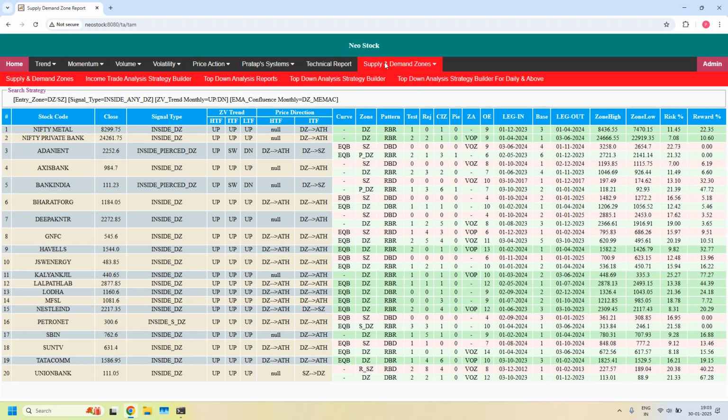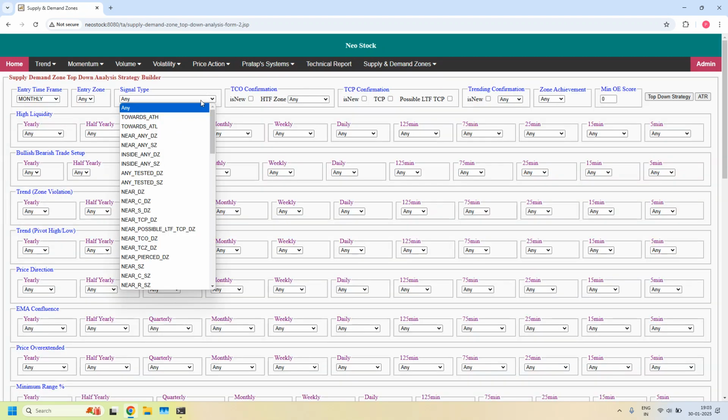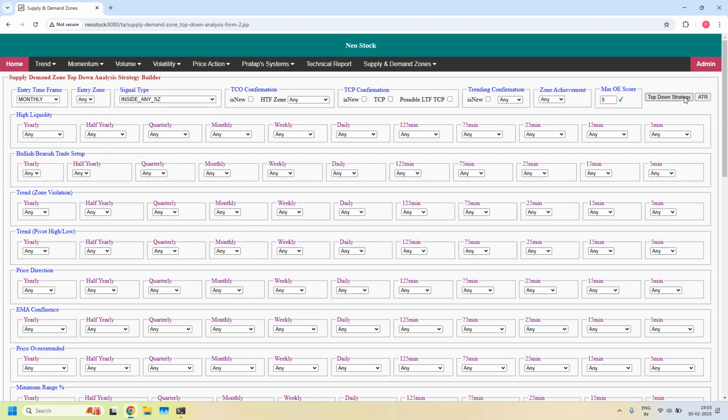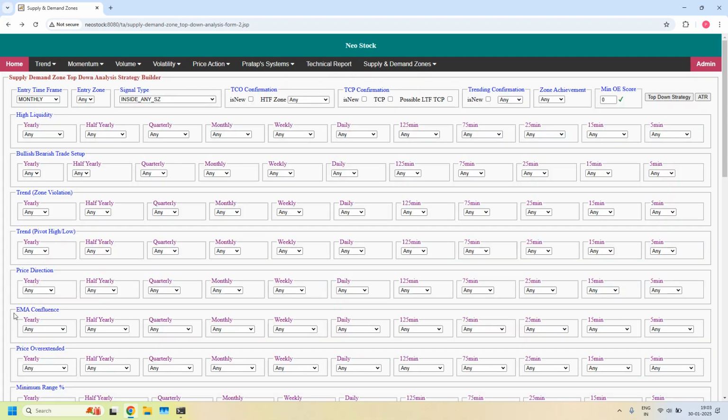Okay, next, monthly time frame. Price closed inside the monthly supply zone. We got 10 stocks. Out of these 10, how many monthly supply zones are having monthly EMA confluence? Let's add that filter, EMA confluence on monthly time frame.